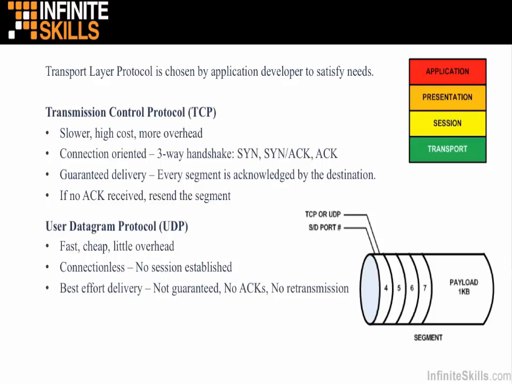So the sender simply puts the data on the network media and then assumes that it got delivered and doesn't actually know or care whether it really got delivered. So it is considered to be connectionless because there's no session established. It is also considered to be best effort delivery because there is no acknowledgement required for any of these segments that are delivered with UDP.